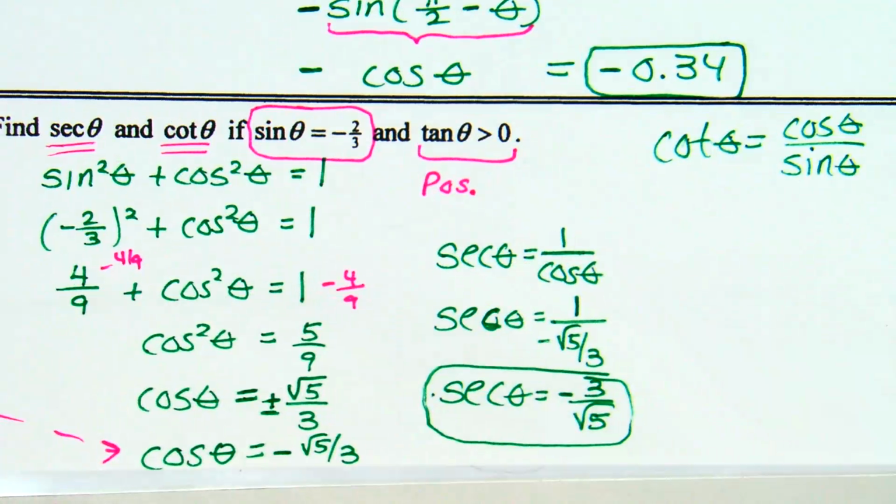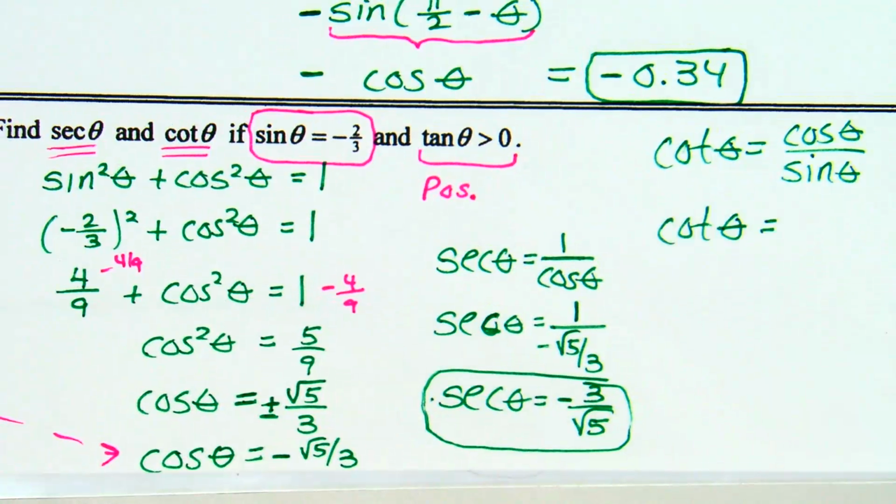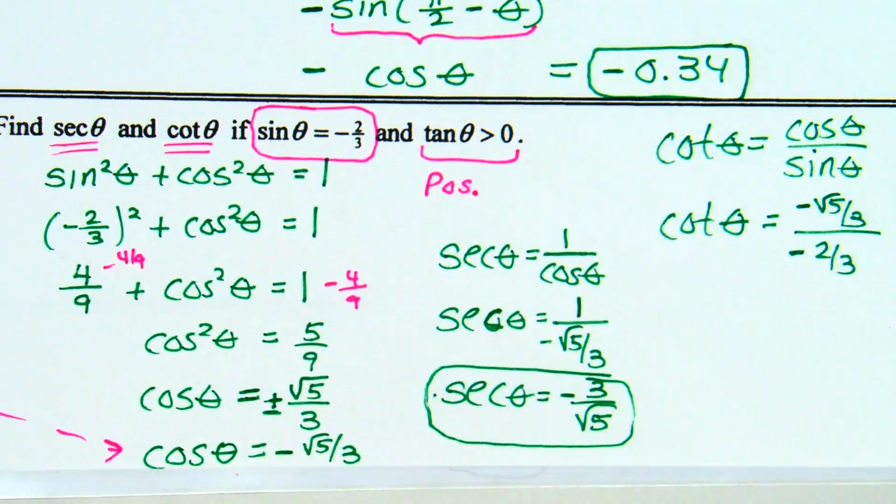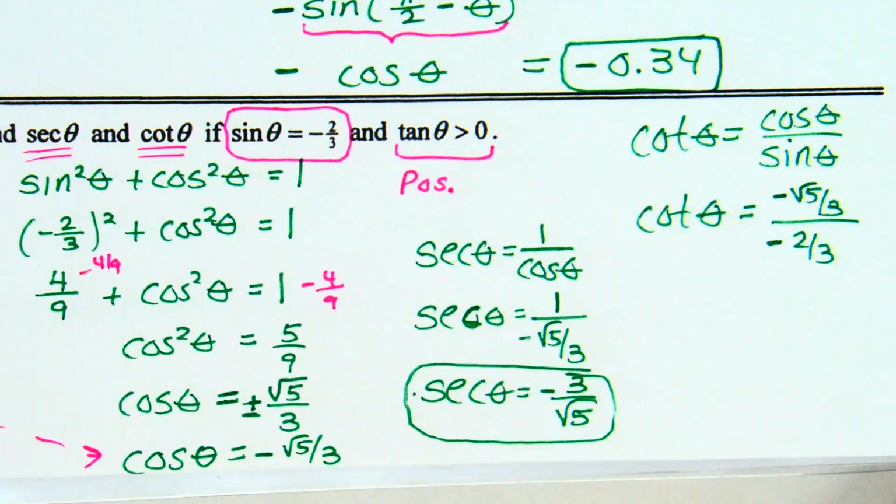So, start filling it in. Cotangent theta is equal to what over what? Okay. Negative square root of 5 over 3 divided by negative 2 over 3. How do we divide fractions?